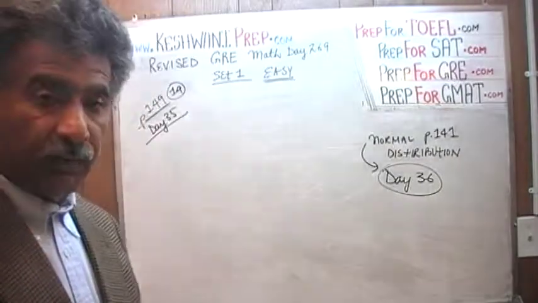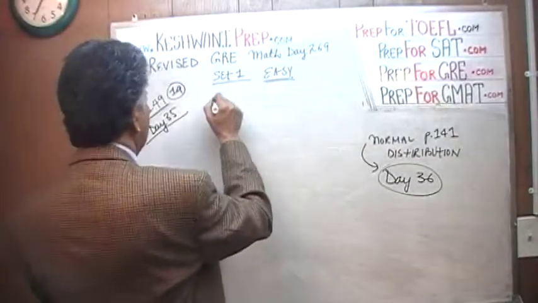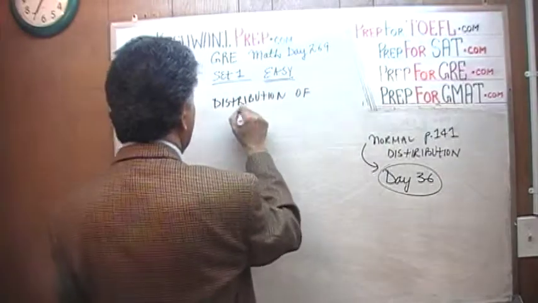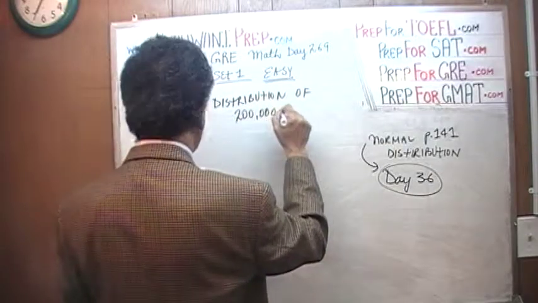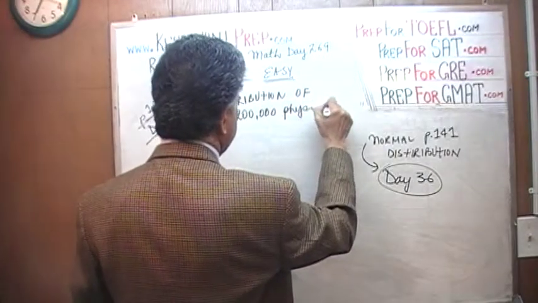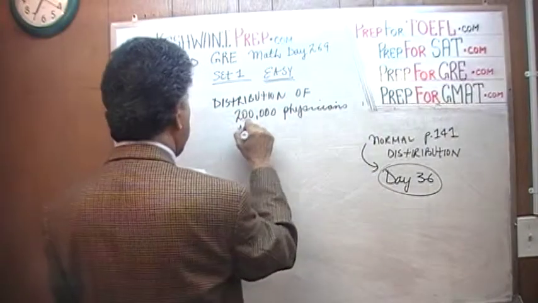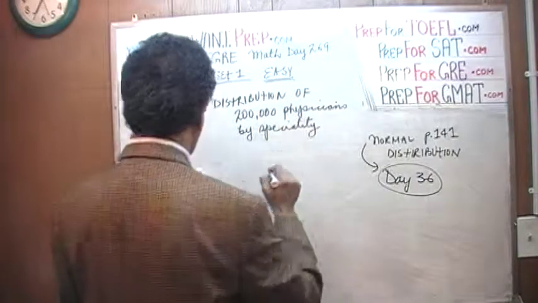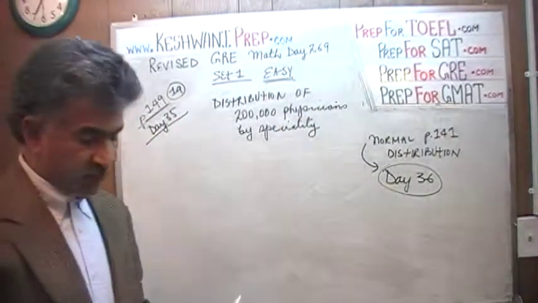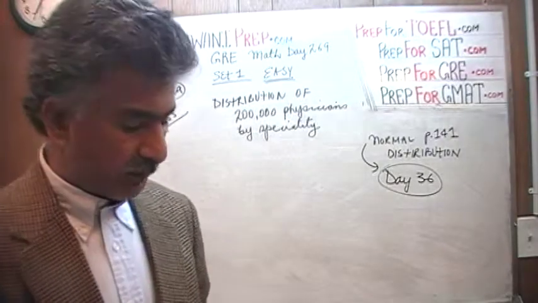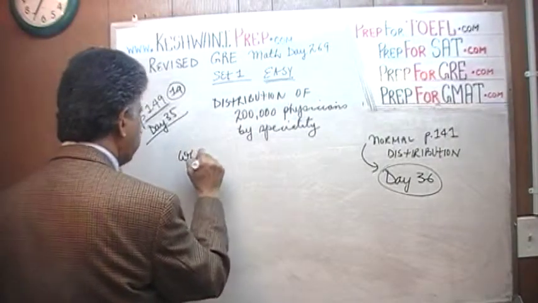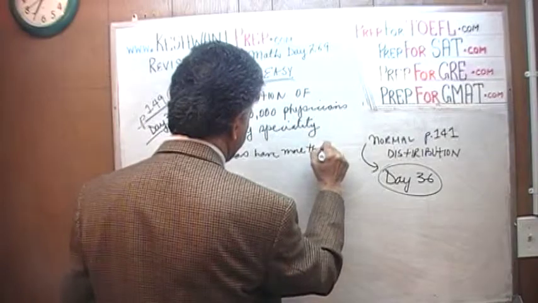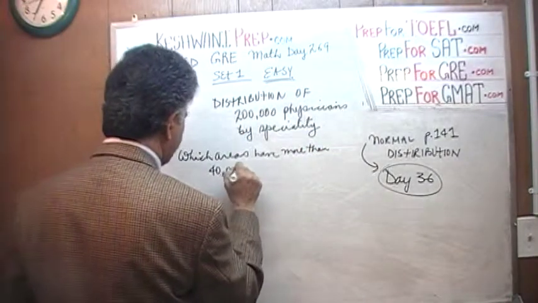We are given a distribution of 200,000 physicians by their specialty. The question is, which disciplines have more than 40,000 doctors? Which areas have more than 40,000 doctors?